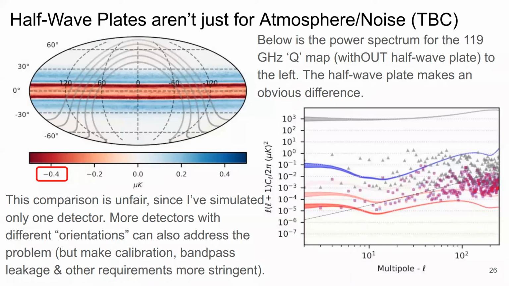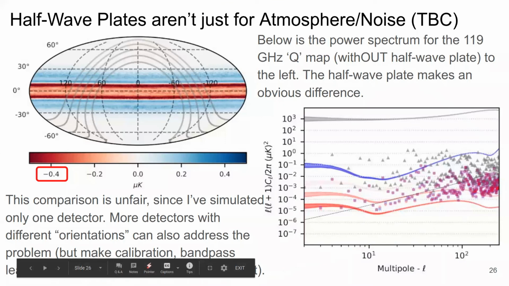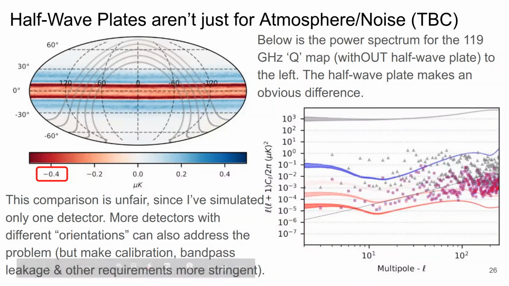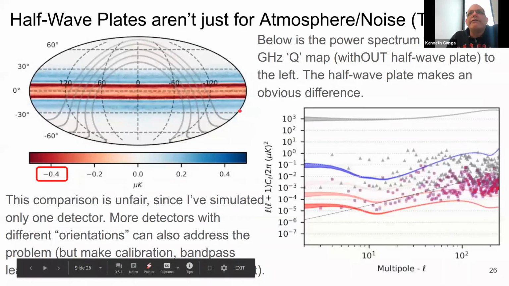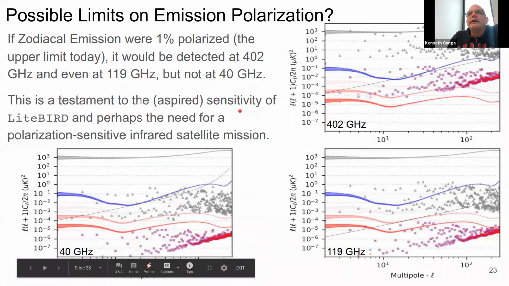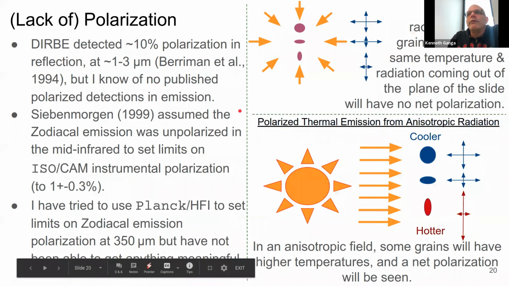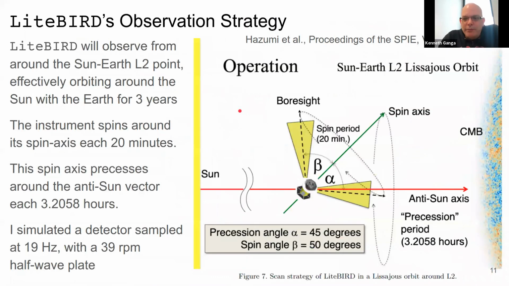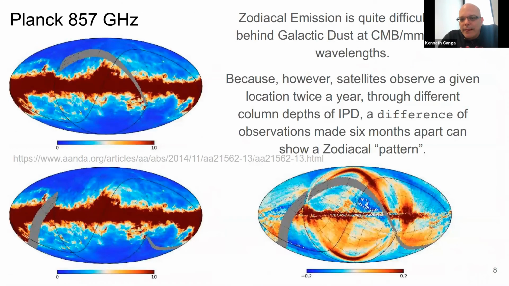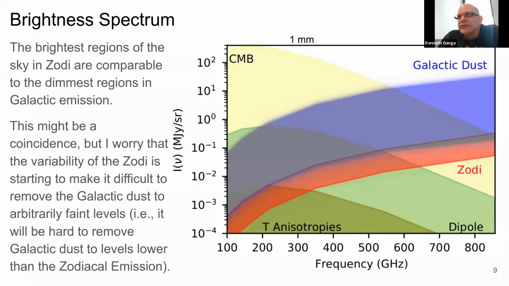Okay, so you're saying basically that the leakage from galactic emission will probably be worse. You'll see it first before you see the leakage from the zodiacal. I didn't put it here, but the zodiacal emission, this is what I should have emphasized: galactic dust is just always going to be much brighter than the Zodi, except in a couple different regions.